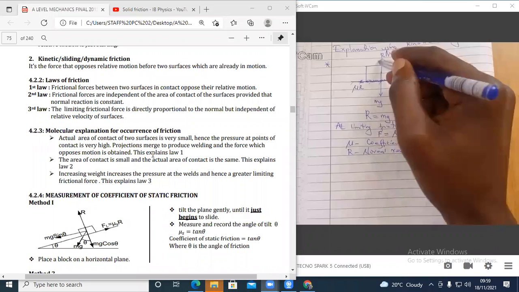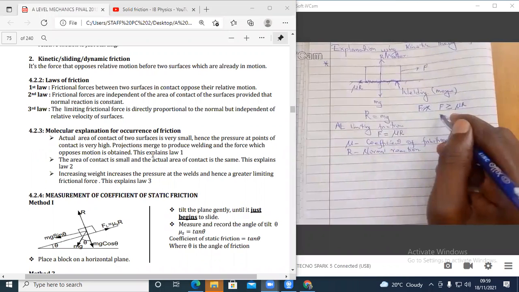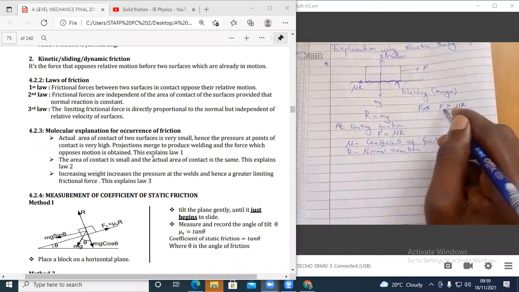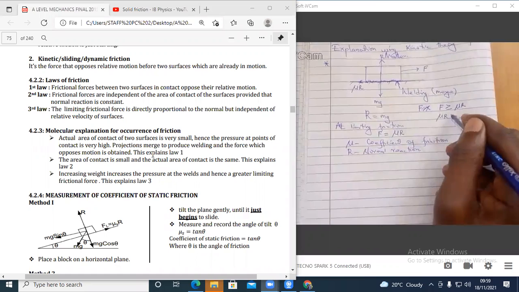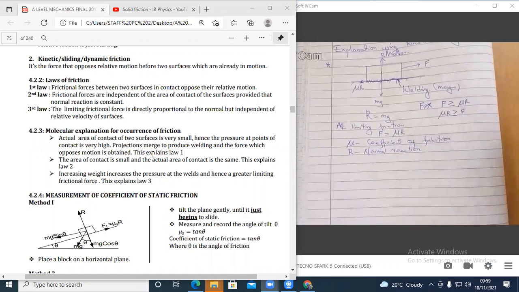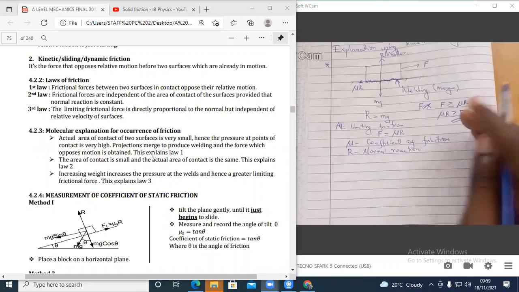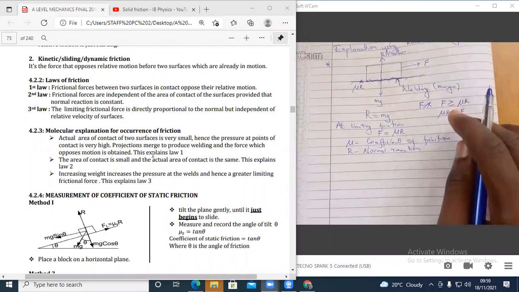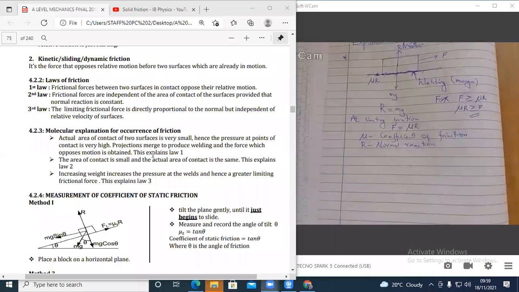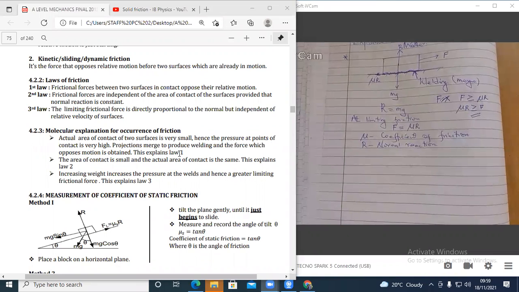It will remain at rest if μR is greater than F. And we are able to move because of frictional force. That explains the first law of frictional force.